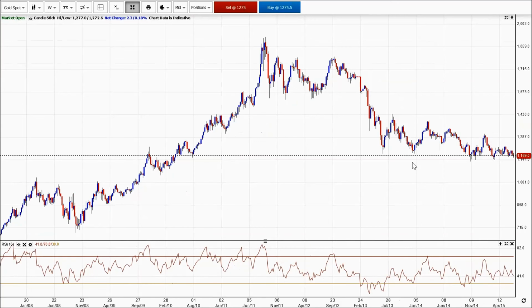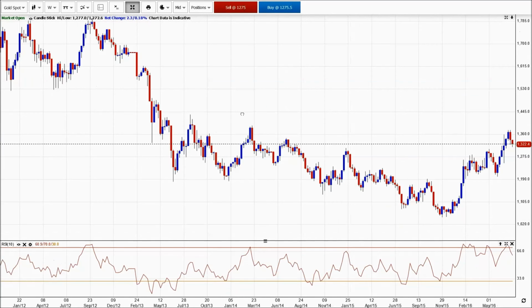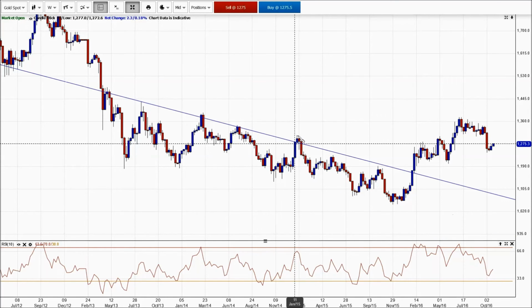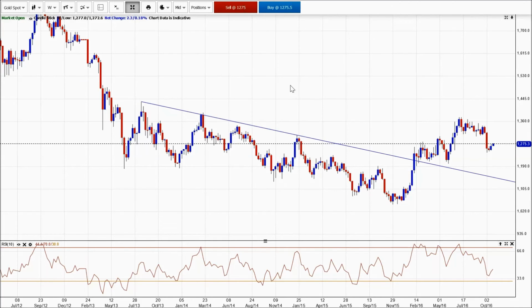But I think the moves we've seen over the last 12 months, slightly more than 12 months, since where we were at 1450 in July 2013, if I just plonk a trend line on here, I do think that the strength towards the end of last year and how that has followed through to this year is a suggestion that at least this leg of the downtrend for gold is over.